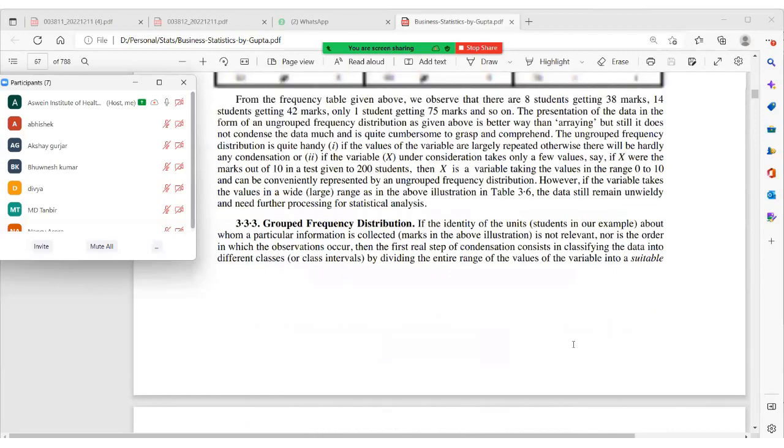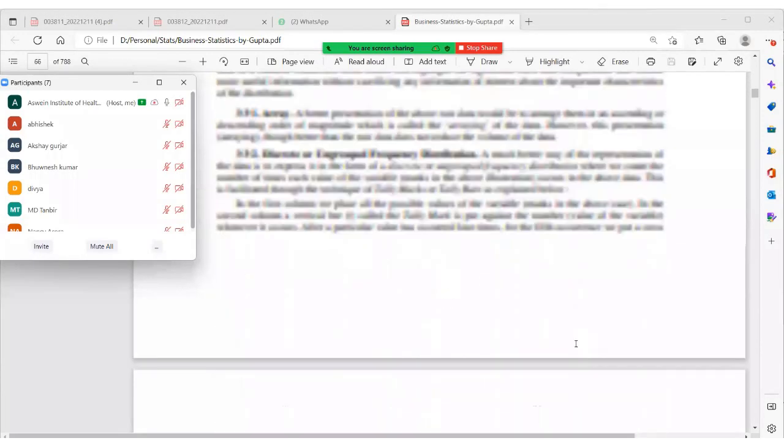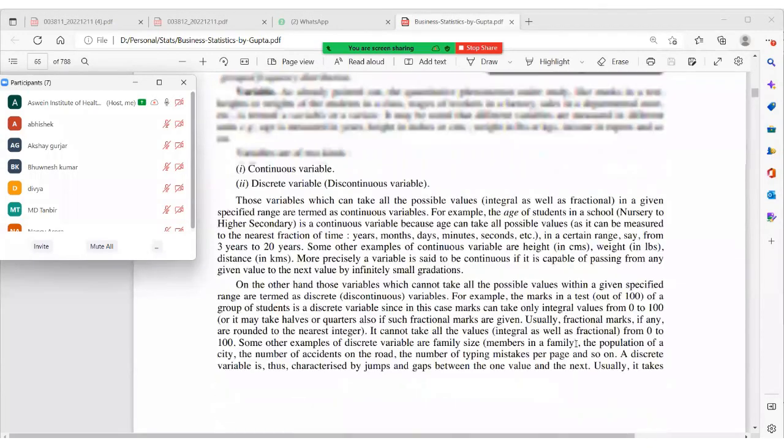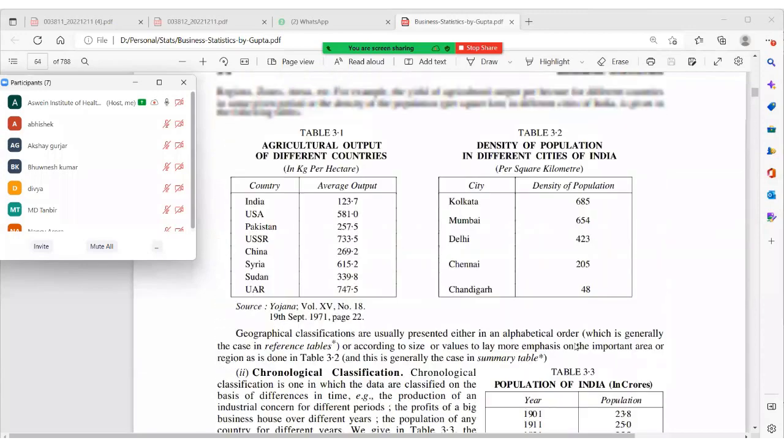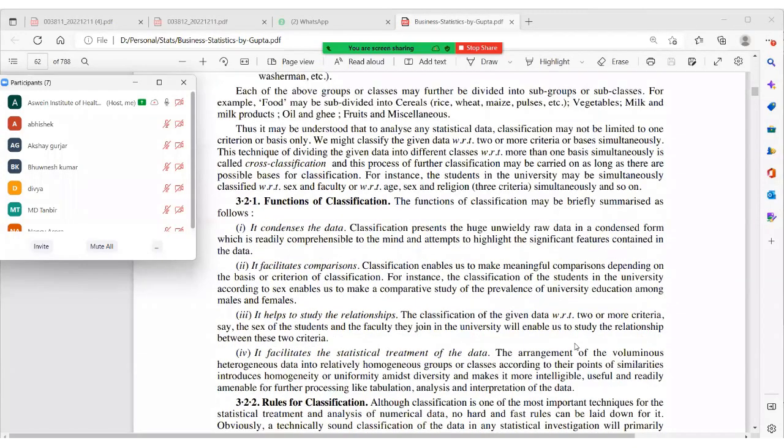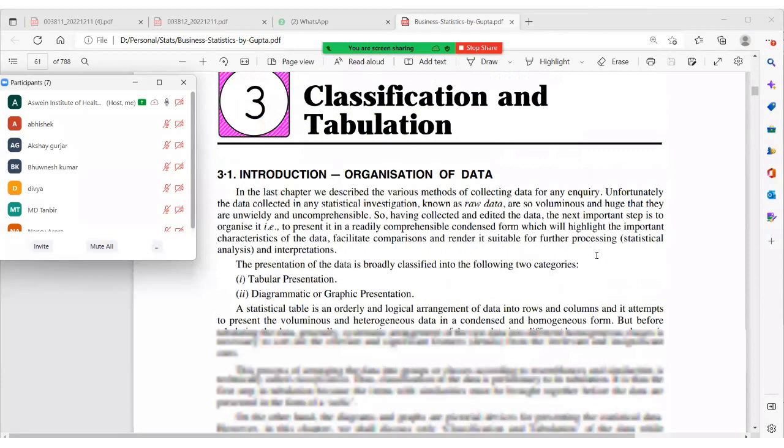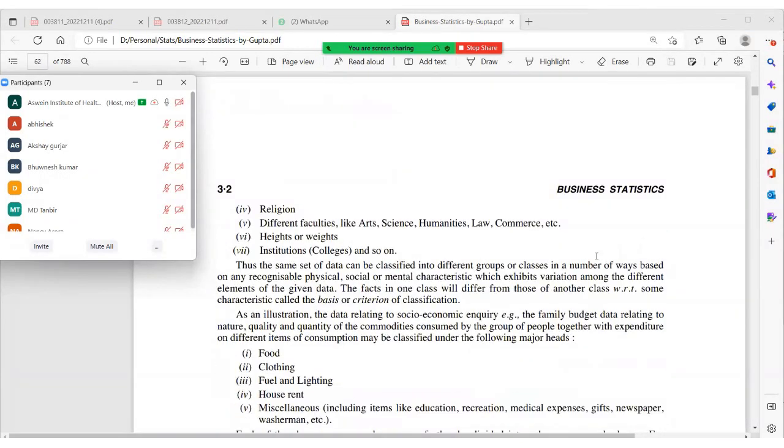Ungroup is what? For example, in a class, there are 10 students, right? So I took the test of all the 10 students. So in my hand, there are answer sheets of all 10 students.